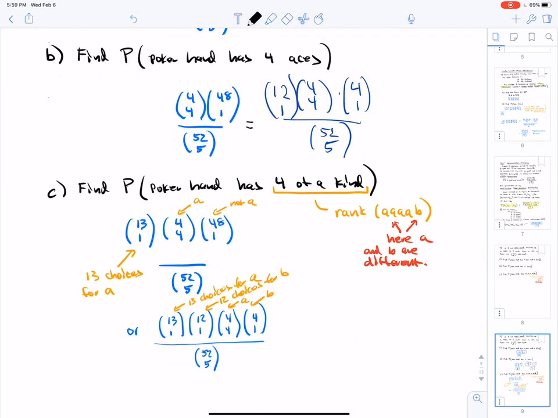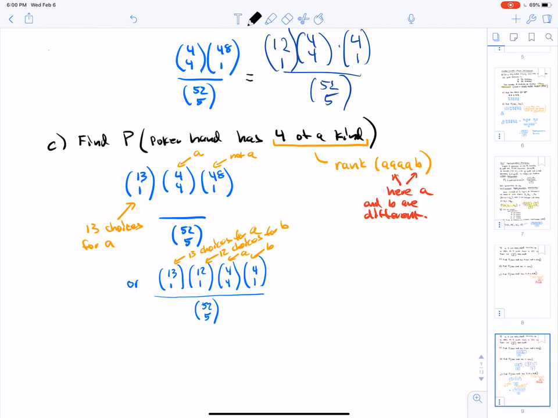If I want to find the chance of having a poker hand that is a 4 of a kind, so here you can think that I have 13 choices for A, so out of 13 I'll choose one A. Of that, there are 4 of that rank, of which I'll choose 4, and then 48 non-A's, of which I'll choose 1, over 52 choose 5.